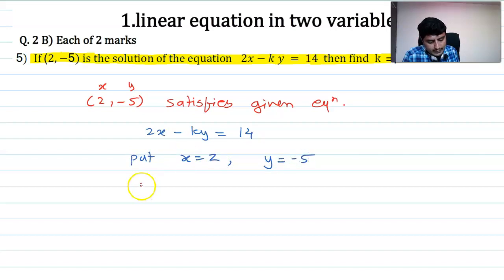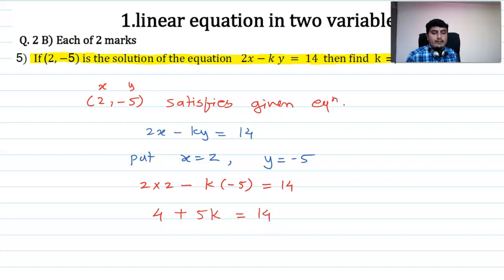So we get 2 into 2 minus k into minus 5 equals 14. We know 2 2s are 4, minus minus is plus, k into 5 we can write as 5 times k, equals 14. Now to evaluate the value of k, shift 4 from LHS to RHS.